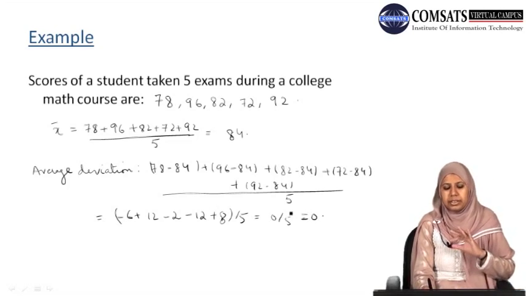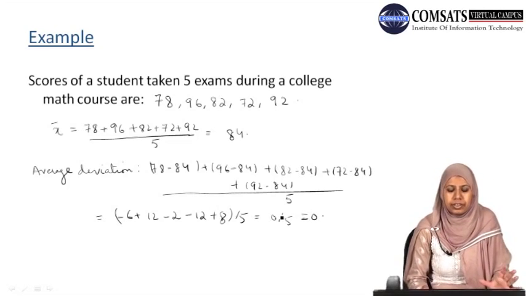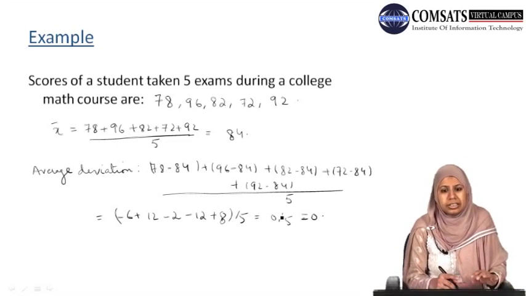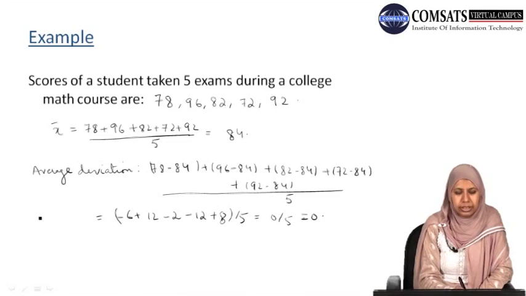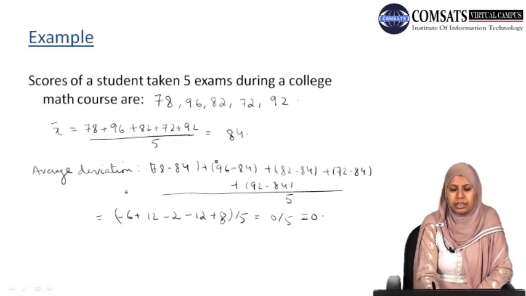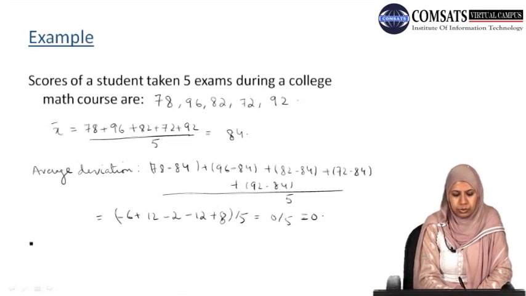So we can clearly see that average deviation does not give us any information about the variation of the data from the mean.